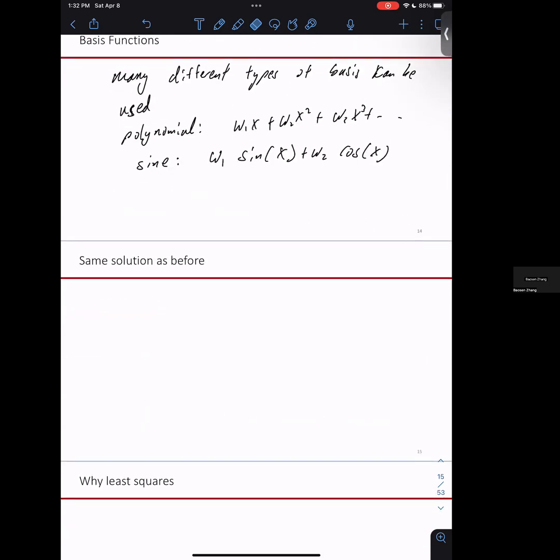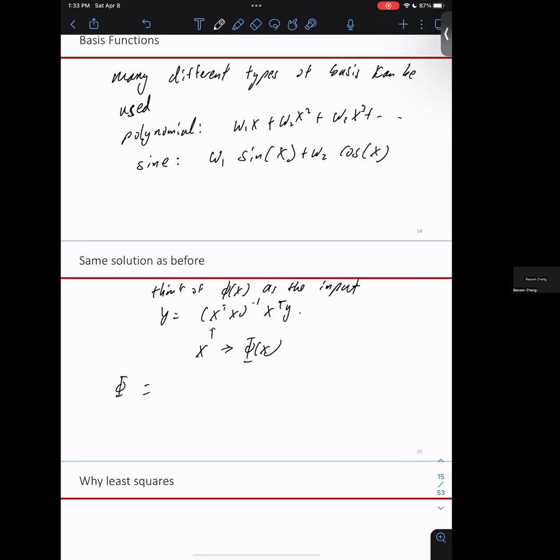Again, you basically now think of this thing as the input. Okay, so before, where w equals x transpose x inverse, x transpose y, you basically substitute x to be this phi of x. Okay, so this is just a substitution.